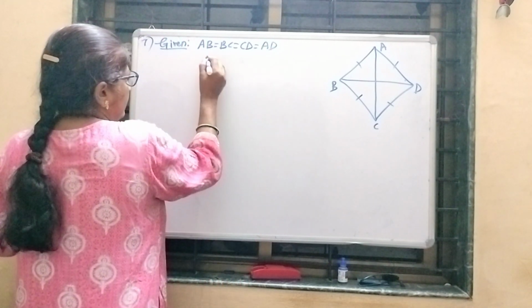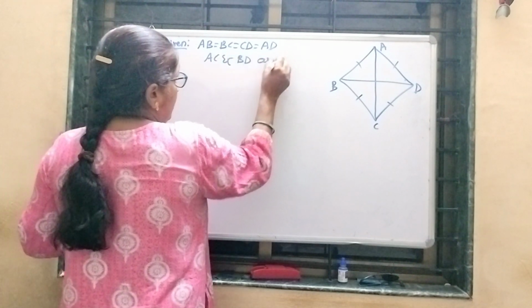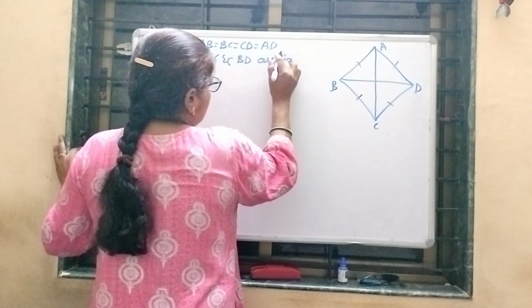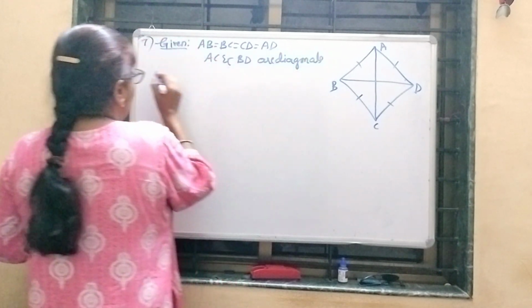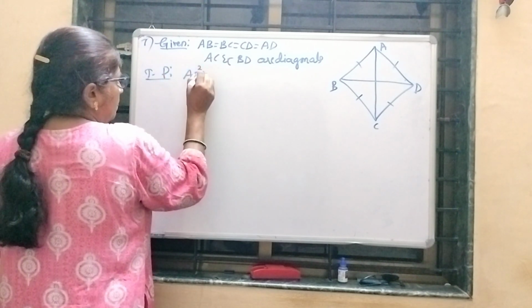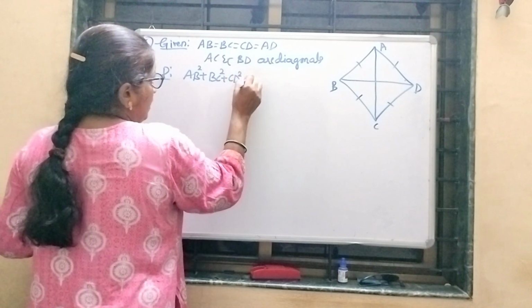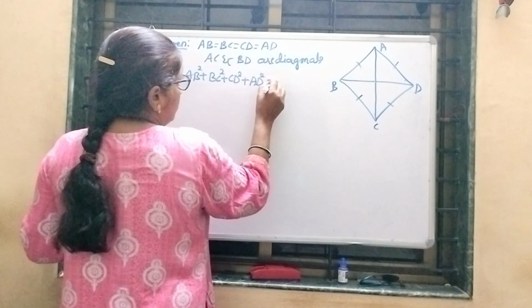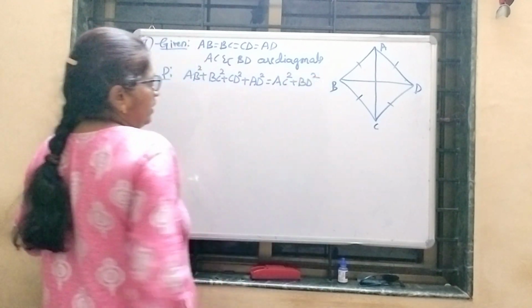Next, AC and BD are the diagonals. So to prove, what we need to prove? AB square plus BC square plus CD square plus AD square is equal to AC square plus BD square, children.